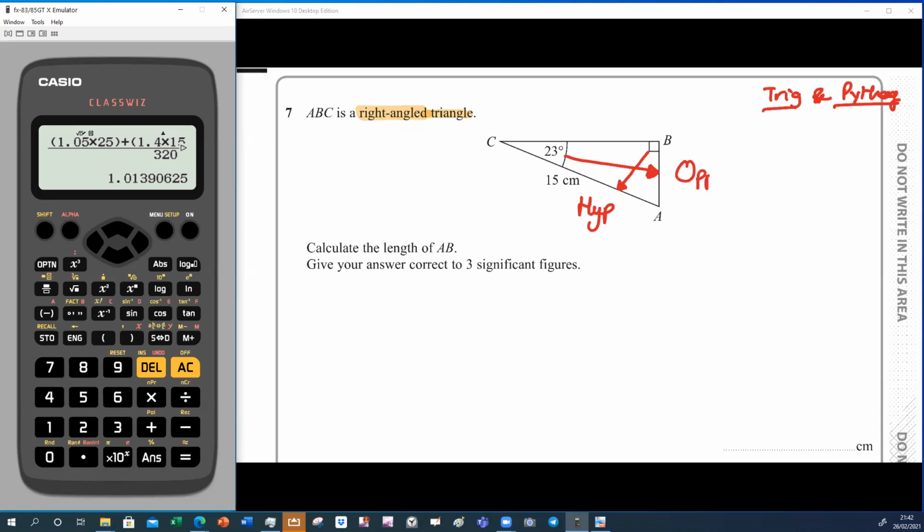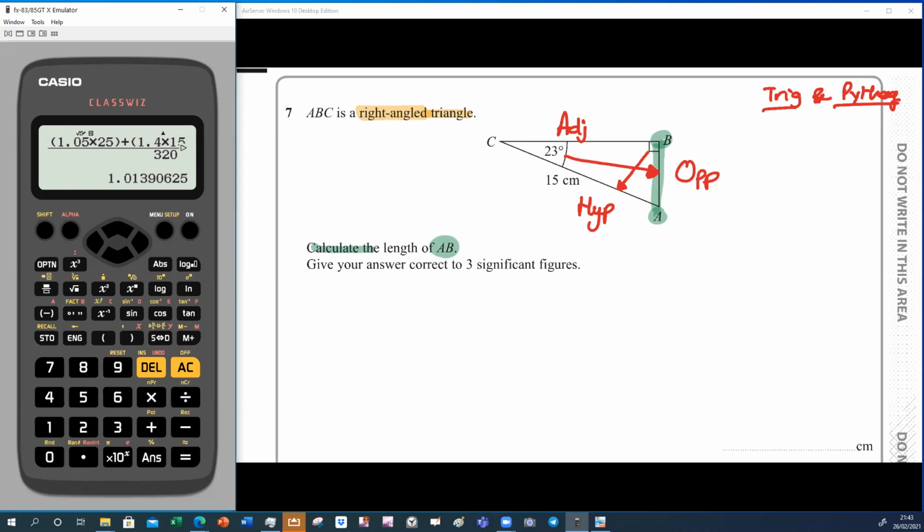What is the leftover side? The adjacent. Yeah, the poor adjacent, he's always the last one to be labelled. Now, what side do they want us to work out? They want us to work out the opposite, A to B. Calculate the length of AB.